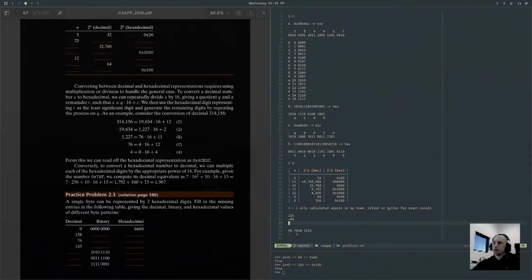That leaves me with 61 remaining. I'd do it again. So that'd be 1, 2, 4, 8, 16, 32. Obviously 32 is the next one, so minus 32 from that.